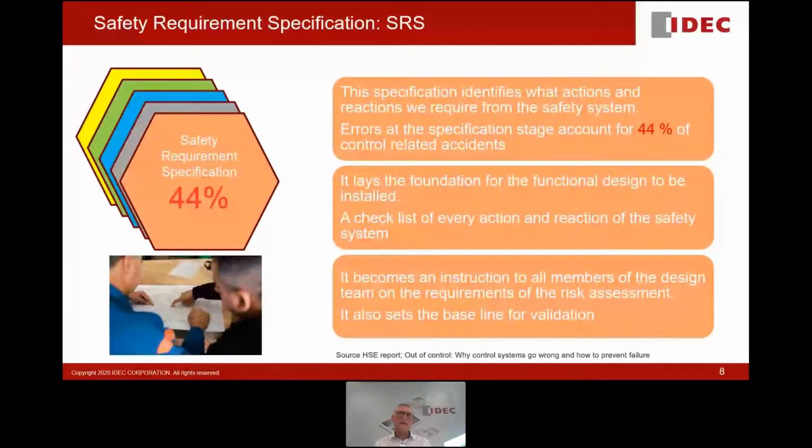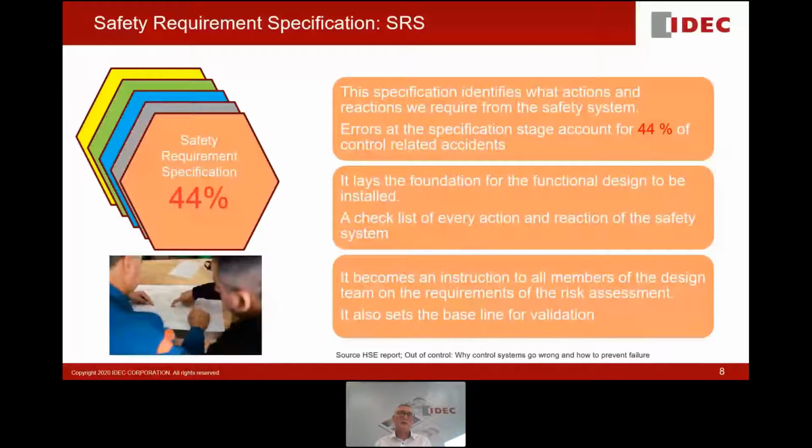The worrying thing is that errors at specification stage account for about 44% of control-related accidents. So if we are aware that 44% of accidents occur as a result of design errors that were there, surely that means also that there may be latent errors in machines that we haven't yet discovered.